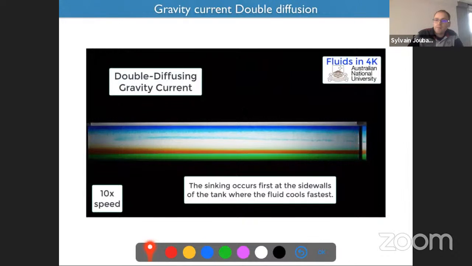It may happen in the lab that you have sometimes problems because you have modification of the temperature in your system and you work with a salty stratified fluid. And if you have both, you may see a few strange things happening in your stratification, and it could be due to double diffusion. So that's why I wanted to show you.